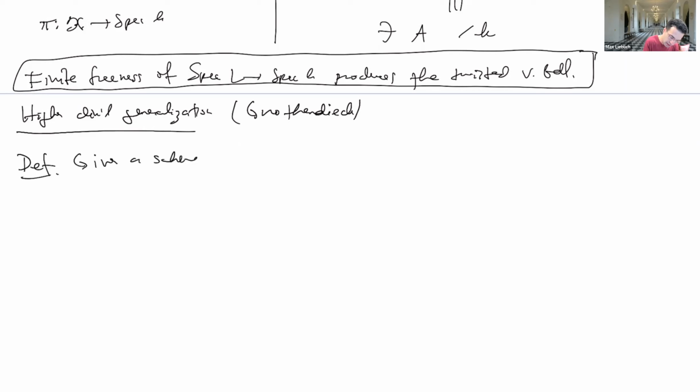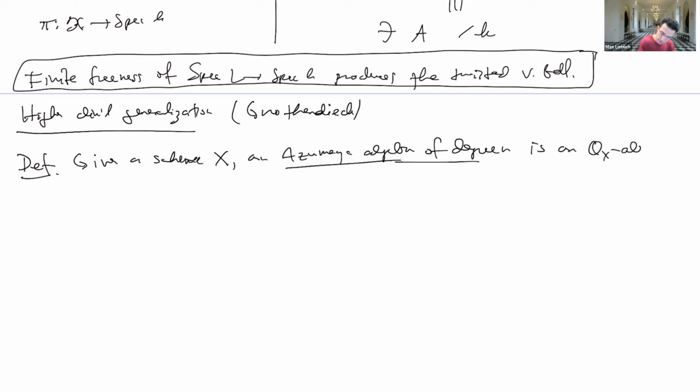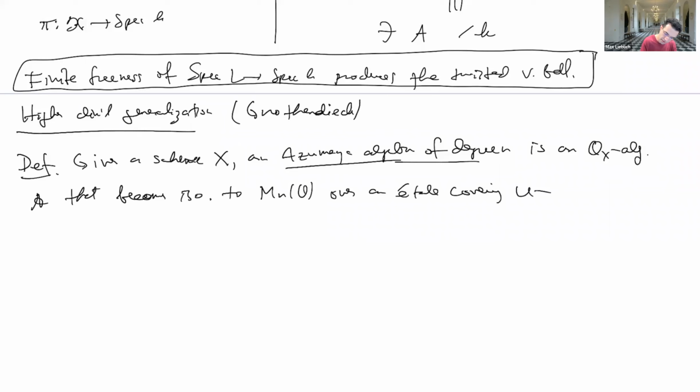Given a scheme X, or algebraic space if you want, or stack or whatever, an Azumaya algebra of degree n is an O_X algebra A such that it becomes isomorphic to M_n of O over an étale covering of X. Okay.